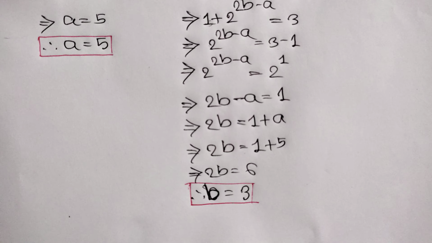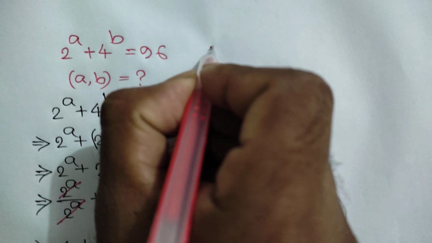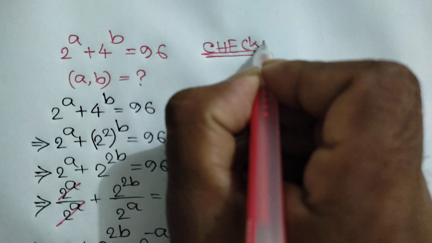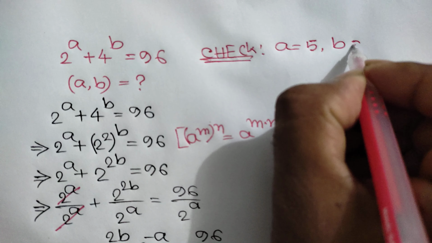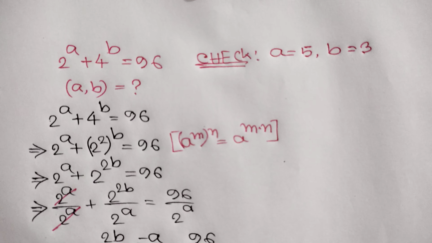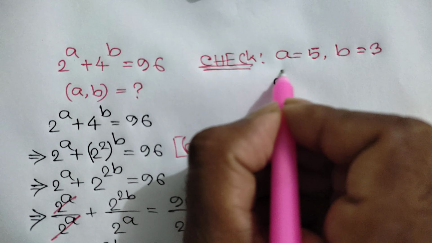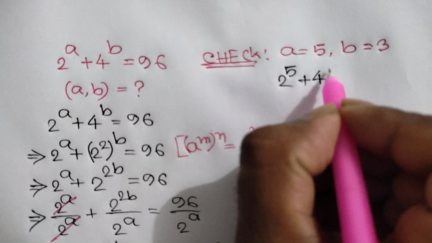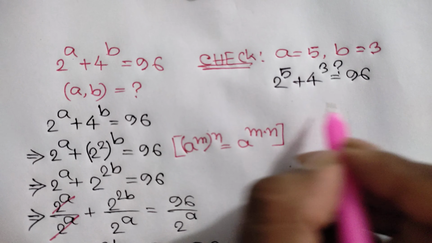Now check. Here a is equal to 5 and b is equal to 3. So we can write here 2 to the power a, that means 5, plus 4 to the power b, that means 3, is it equal to 96?